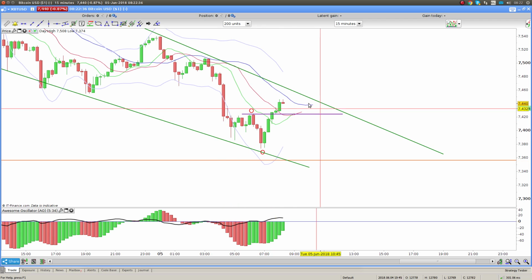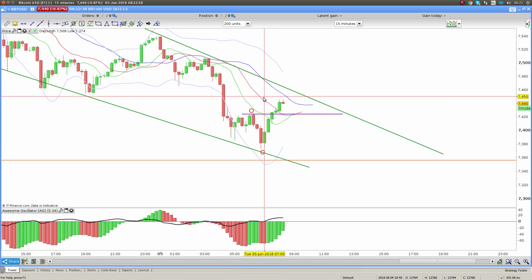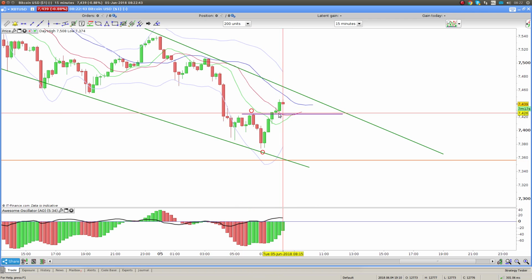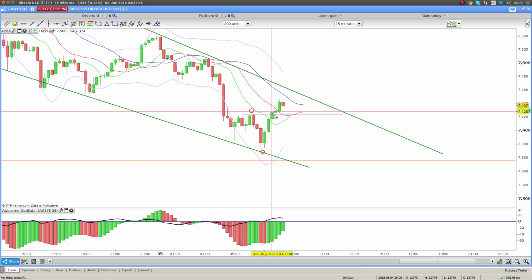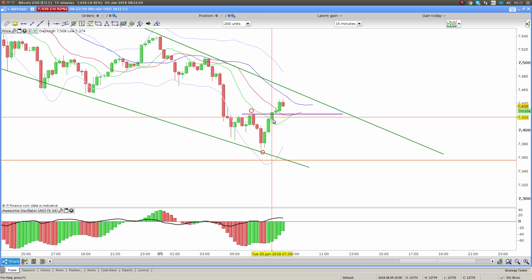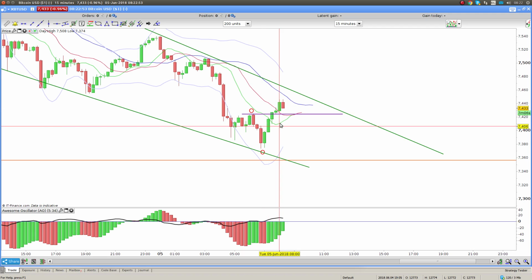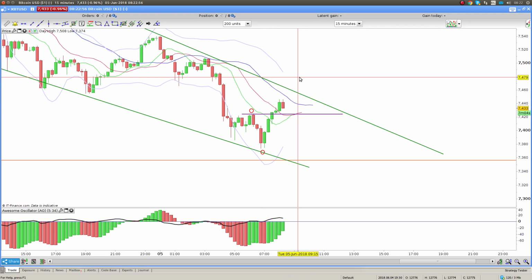Okay, so why this is important is when you break a fractional above the red line here. Now this is pretty much on the red line, so it's not ideal. Obviously what you'd want is this red line to be lower down here when you broke above it. That is a good indication that you have upward momentum building.